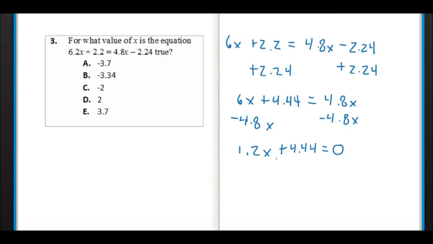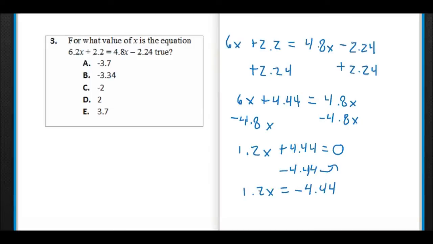Now, again, I still don't have x by itself, so I'm going to have to do a little bit more playing around. I'm going to subtract 4.44 from both sides. I'll just write it on this side this time, so you get the idea. So I end up with 1.2x equals negative, because I'm saying 0 minus 4.44, so I get negative 4.44.